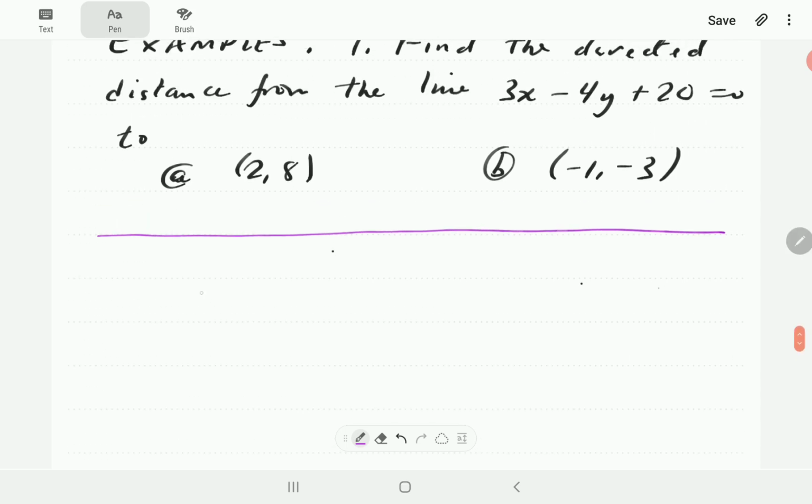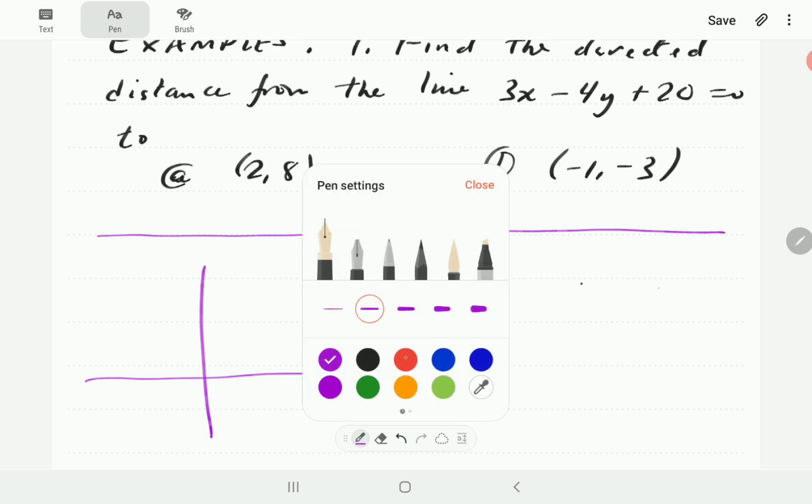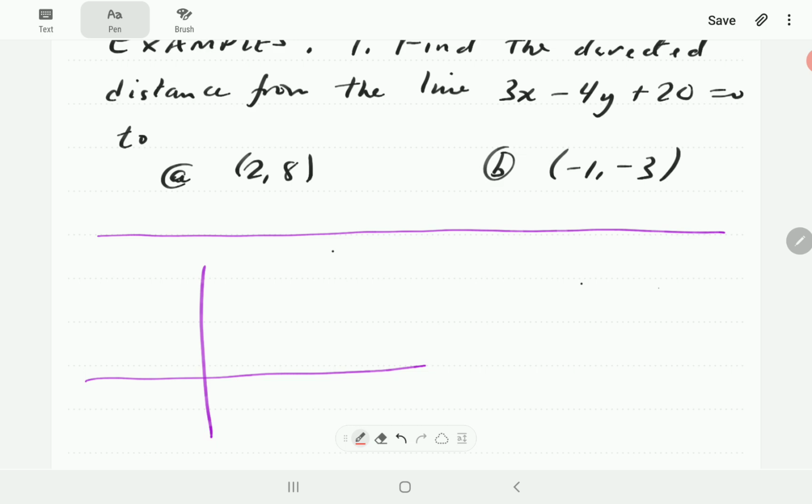So in this case, for instance, we have the straight line 3x minus 4y plus 20 equal to 0. Just for the sake of a sketch, m for this line is going to be 3 over 4, which means it's upsloping, and c is going to be 5.